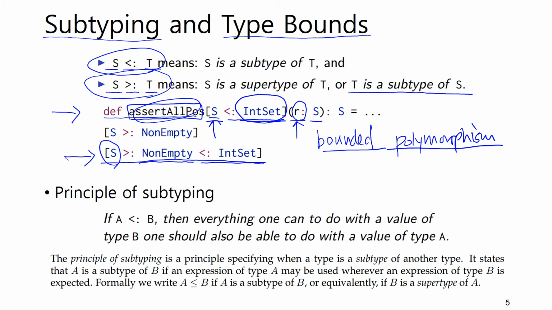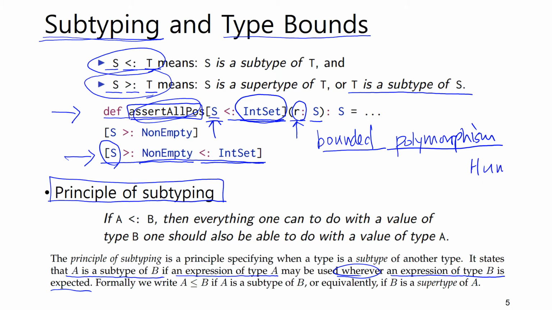To understand the notion of subtyping, we have to have a clear understanding of the principle of subtyping. My own interpretation of the principle of subtyping is: A is a subtype of B if an expression of type A can be used wherever an expression of type B is expected. So here's an example.